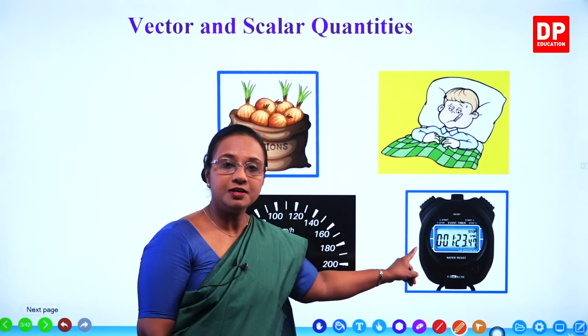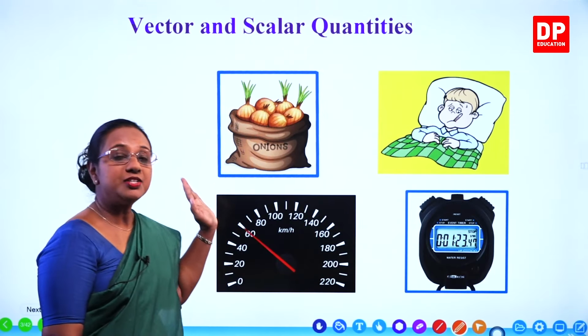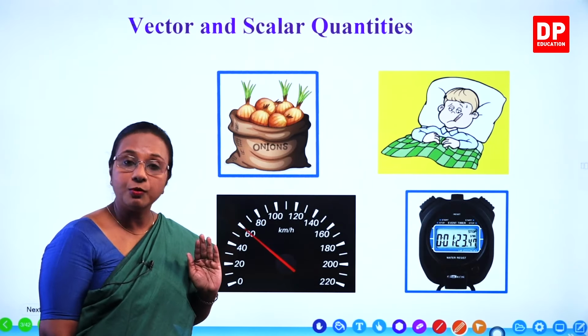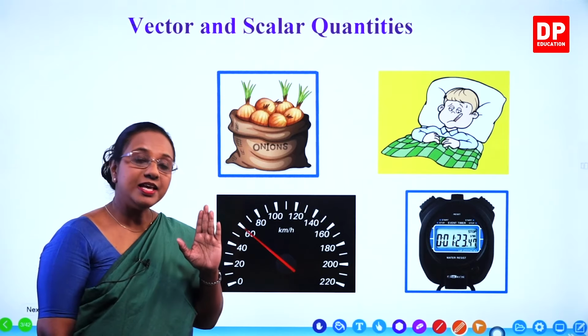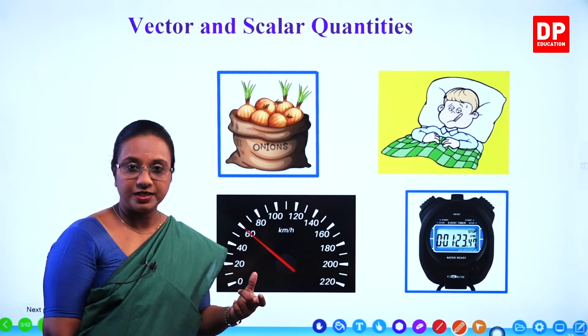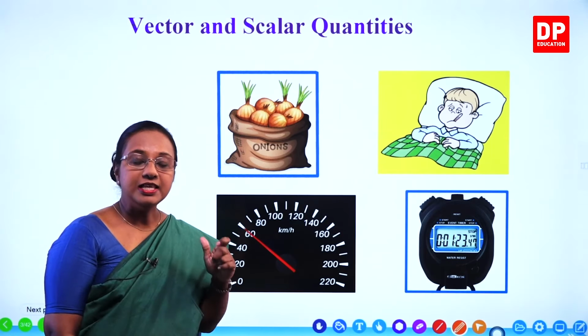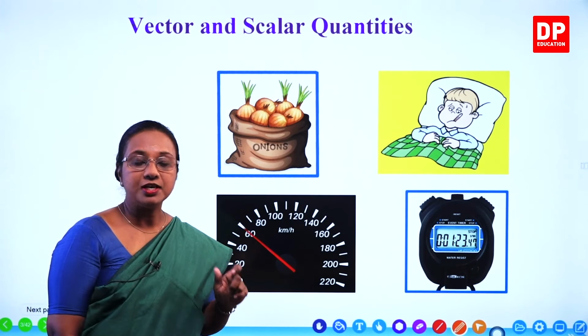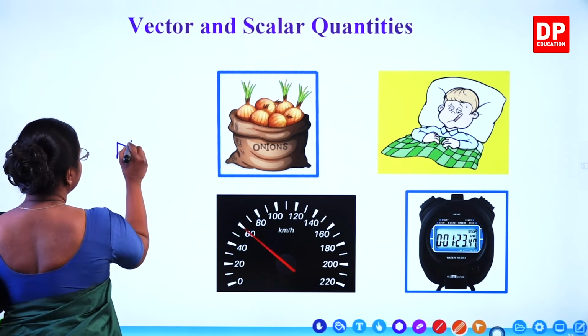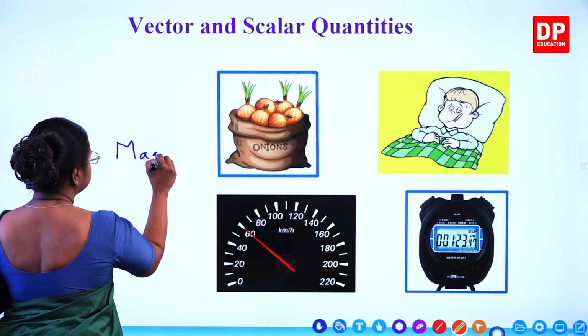It is called a stopwatch. So as you all can see, these are all different types of quantities. And these quantities are measured using an instrument. Therefore, these quantities have a magnitude.